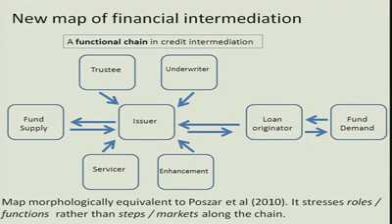So between supply and demand of funds, we really focus on the main characters that are needed in order for the process of asset securitization to be completed. And so besides loan origination, you need to have issuers of securities. You need to have underwriters that place those securities in the market.